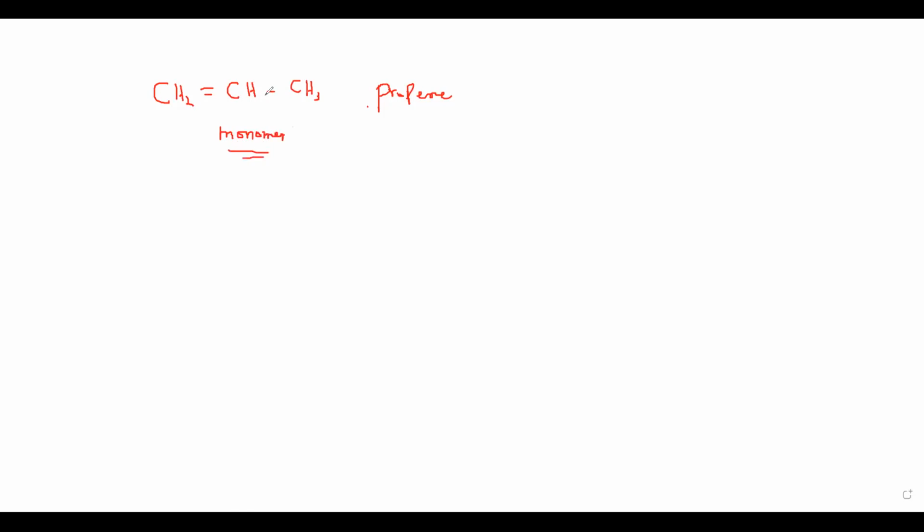But when you want to draw a polymer from your monomer, the first thing you should do is rearrange the structure. Your monomer should appear like the letter H. You can draw it in this manner or the first one, but it appears like the letter H. So how do we rearrange the monomer?